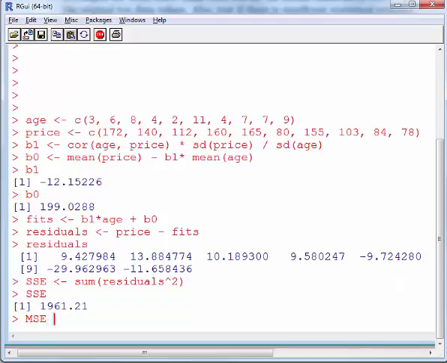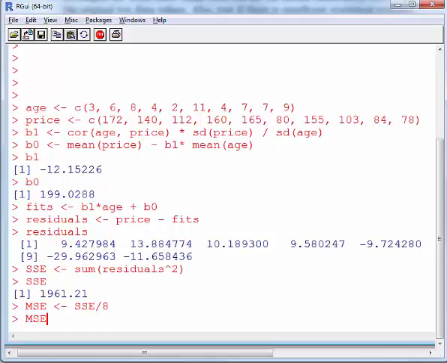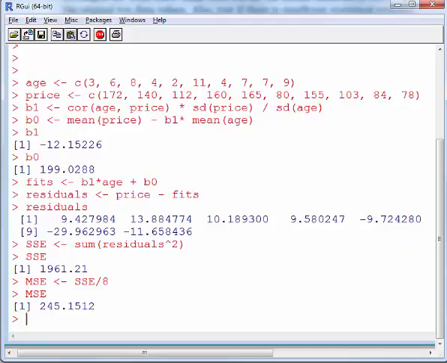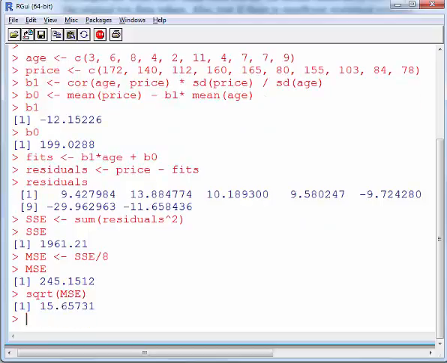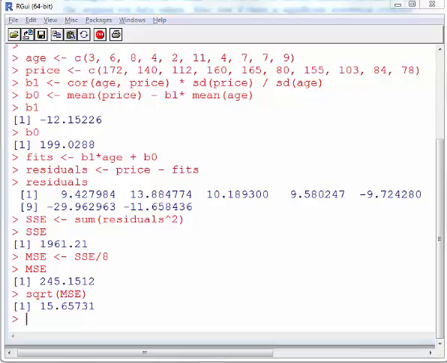MSE is going to be SSE over its degrees of freedom, which would be 8. So there's my MSE, and if I take the square root of MSE, then that will be my good estimate for the actual population standard deviation, the common standard deviation for the errors.